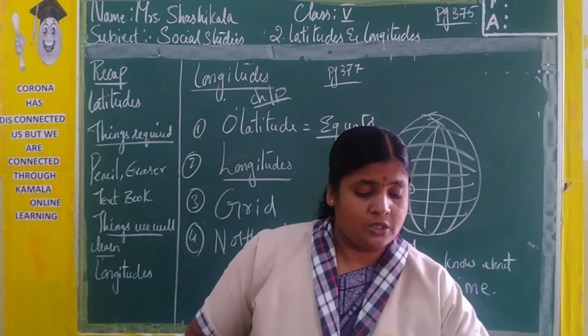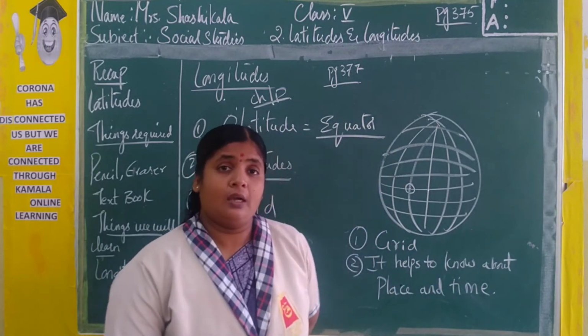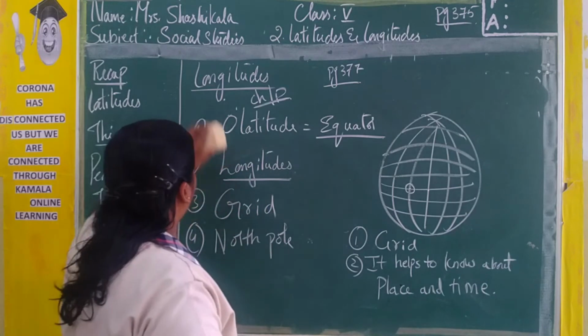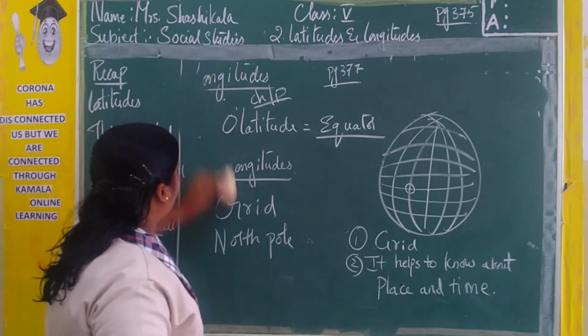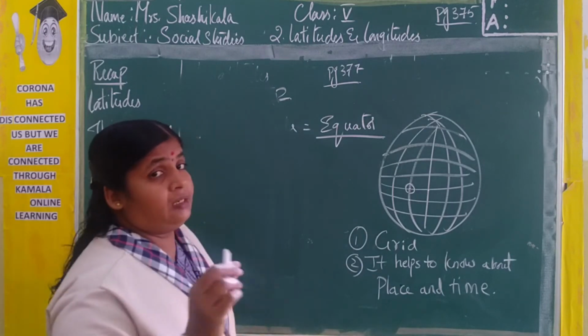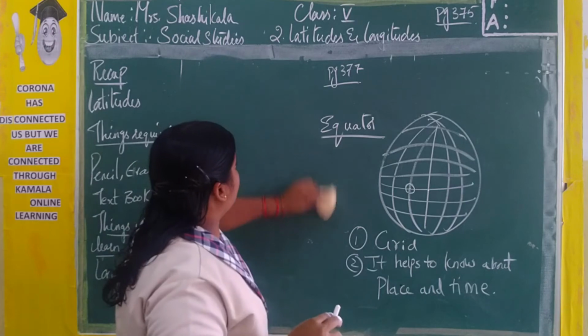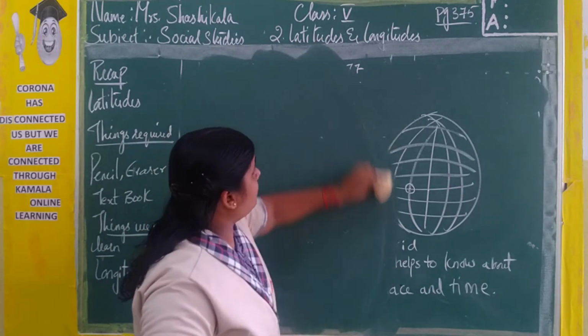Right? Now please take a fresh page of your classwork and write the date. Please make sure that your title, the name of the lesson, should be in bold letters, that is capital letters, and maintain neat handwriting.